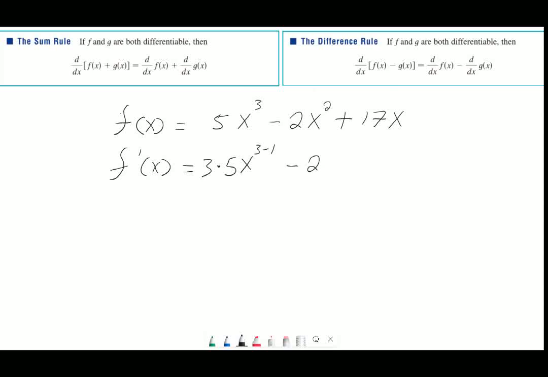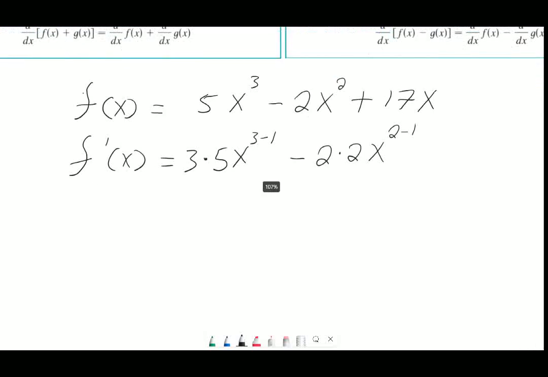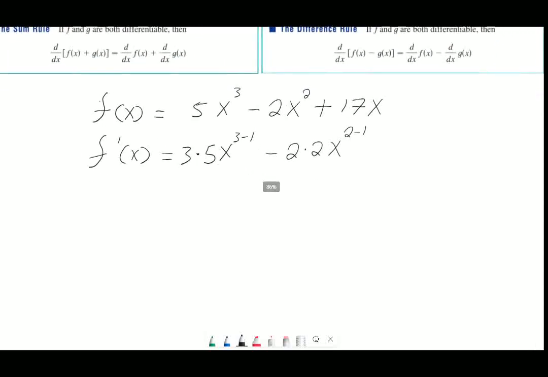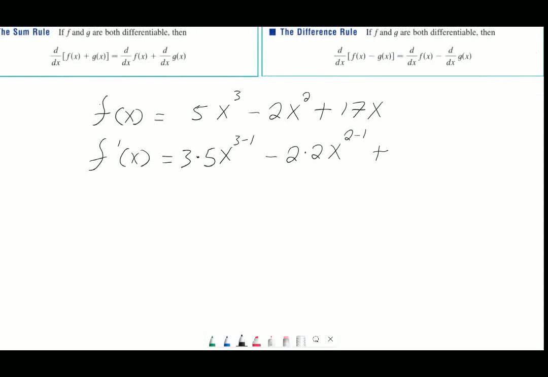I'm going to bring the 2 out, multiply it by my 2 in front, and subtract 1 from the exponent. And last but not least is the derivative of 17x, which is 17. So now we can clean this up a little bit. And we end up with 15x squared minus 4x to the first plus 17.